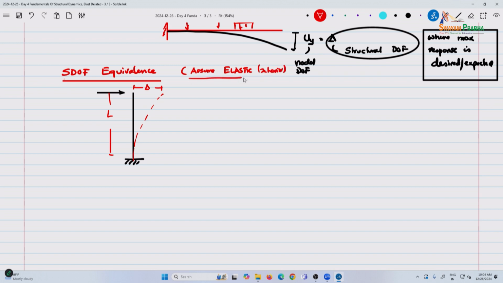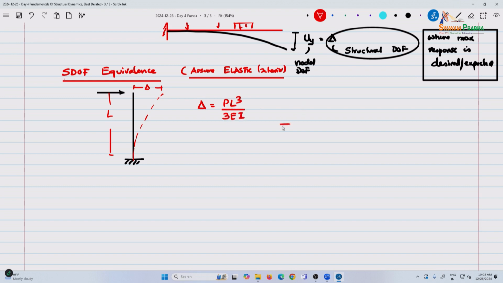What happens? We know that anything related to blast is likely not to be in the elastic range. So we'll see how to address that using some graphs. In this case, delta is equal to PL cubed by 3EI.